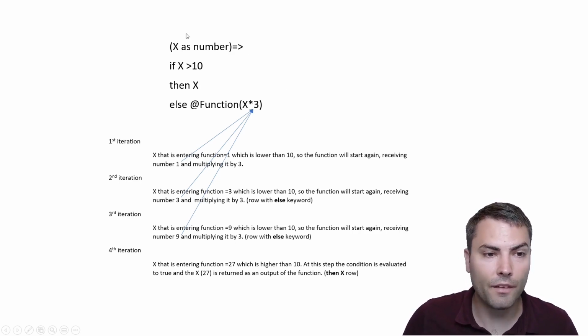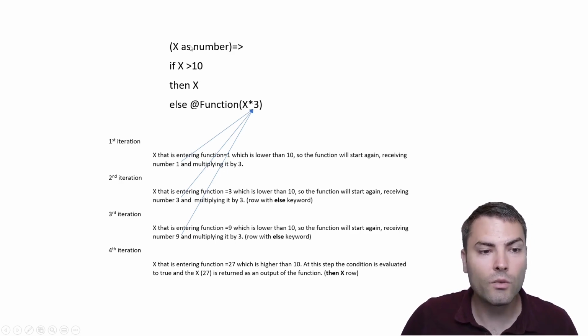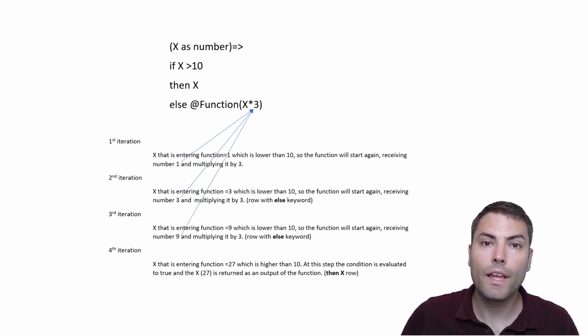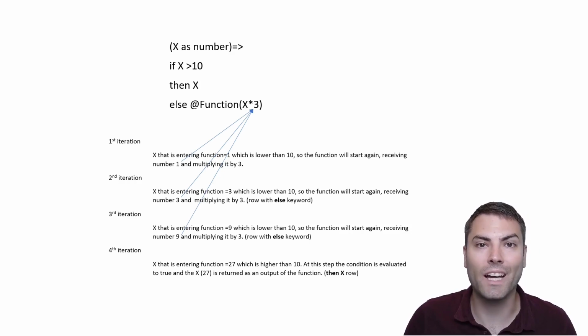So now we receive a number 9 as an input. The number 9 is not larger than 10, so we have a number 9 multiplied by 3, and we receive a number 27, and then the 27 is larger than 10, therefore it will become the exit of this function. And this is how we can introduce recursion manually with an @ sign.